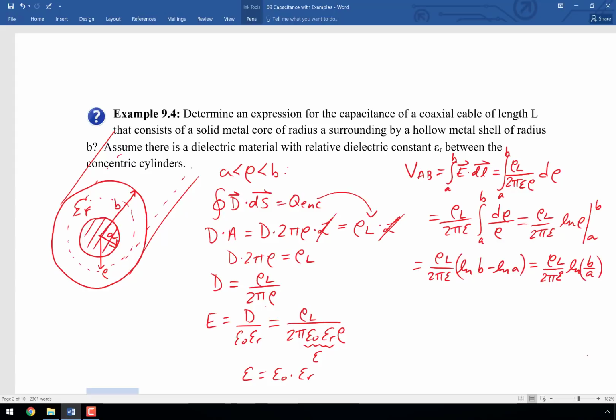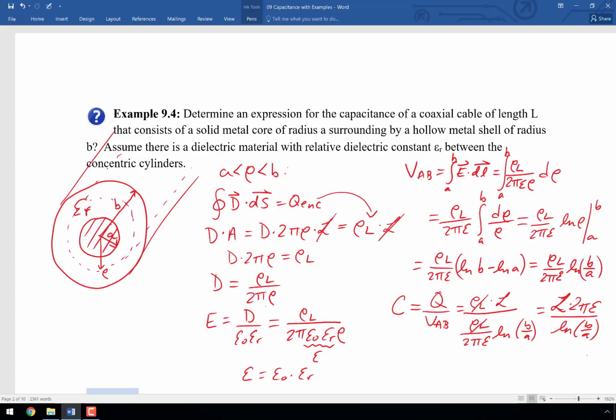And so then finally the capacitance is equal to Q divided by V sub AB, which turns out to be rho sub L times L divided by rho sub L over 2 pi epsilon natural log of B over A. The rho sub L's cancel, and we're left with L times 2 pi epsilon, since it's in the denominator of the denominator, divided by the natural log of B over A.